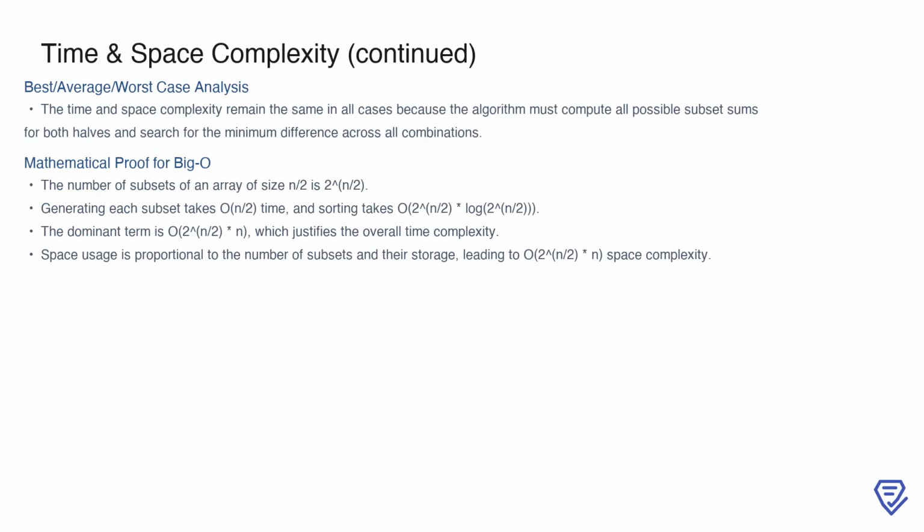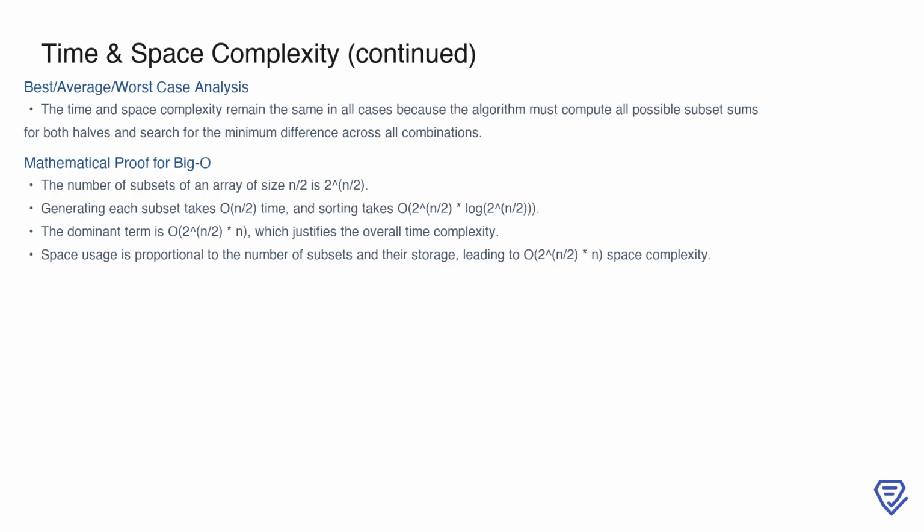Finally, let's analyze the best, average, and worst cases. Regardless of the specific values in the input array, the time and space complexity remain the same across all cases. This is because the algorithm always computes all possible subset sums for both halves and searches for the minimum difference across all combinations. To mathematically validate the big O notation, consider that the number of subsets of an array of size n/2 is 2^(n/2).